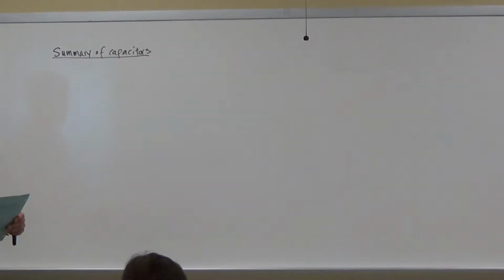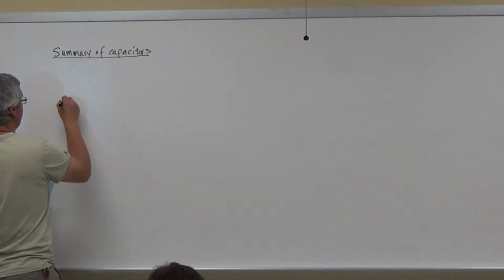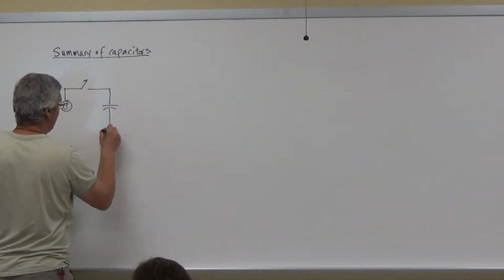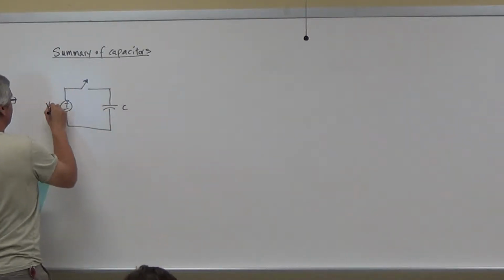Okay, so what I'm assuming here is that when I write down a capacitor circuit, I imagine that I have some switch, and then we have a capacitor. We have some voltage.